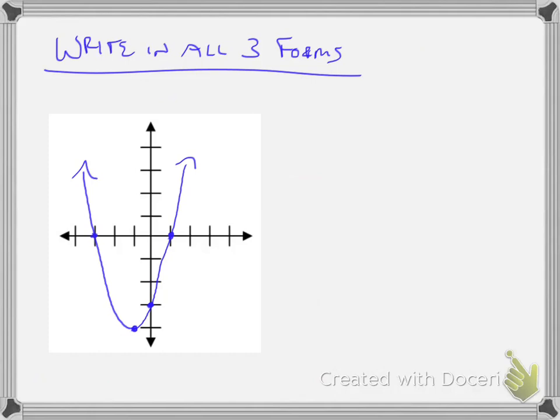Here I'm going to try to write all three forms of this polynomial. First I'm going to write it in vertex form. My a is 1. So I have f of x equals x plus 1 squared, since it was shifted left 1, and minus 4, since it was shifted down 4.